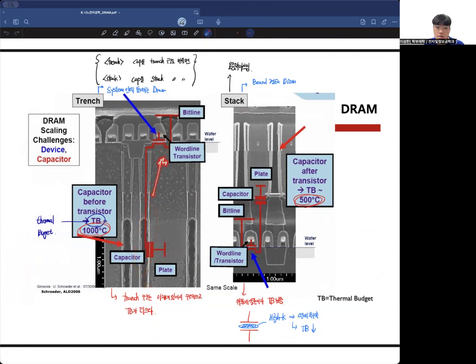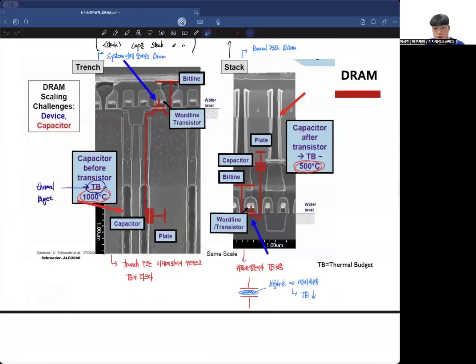This distance is long, so it can get a better thermal budget. And then the stack structure of the DRAM has the transistor and the capacitor here. Process issues occur, so it has a much smaller thermal budget than the trench structure.